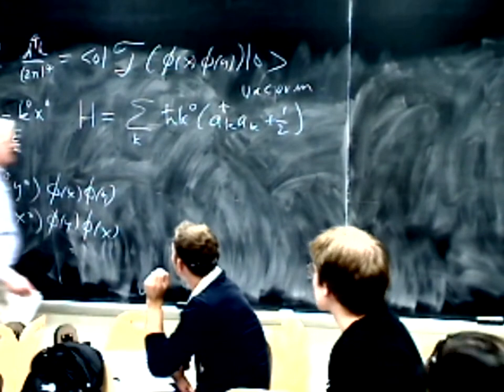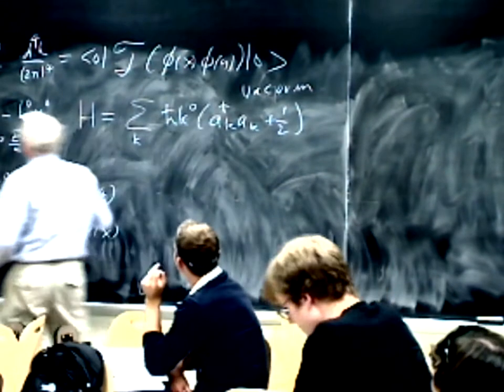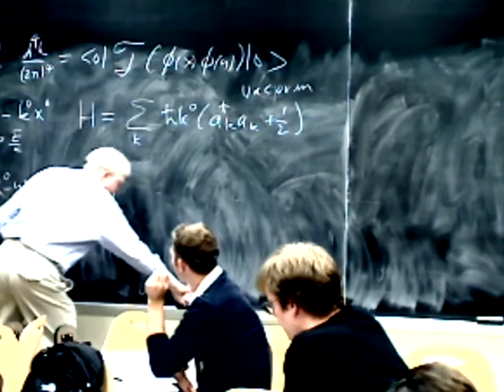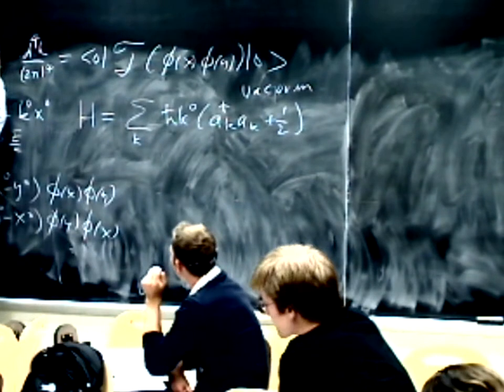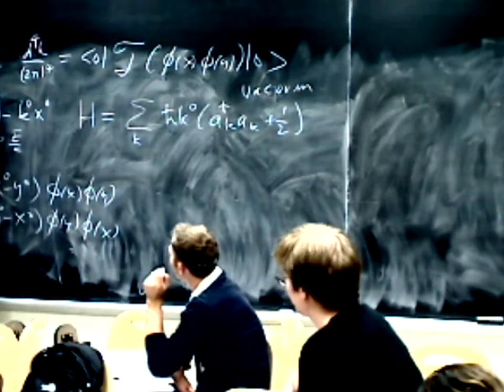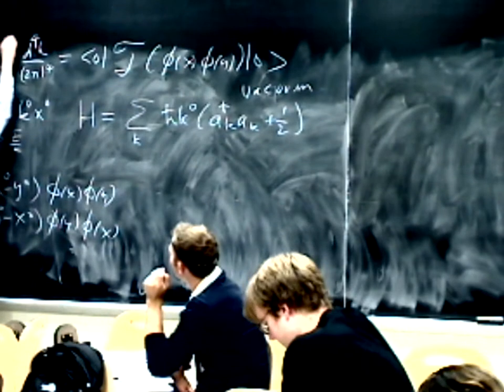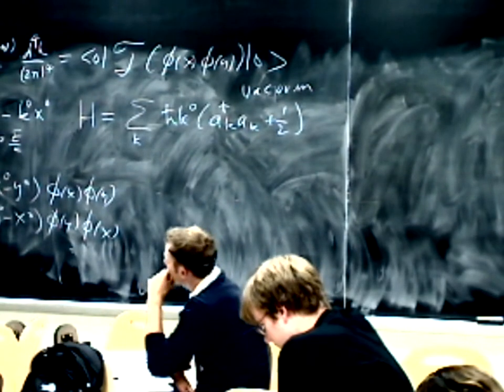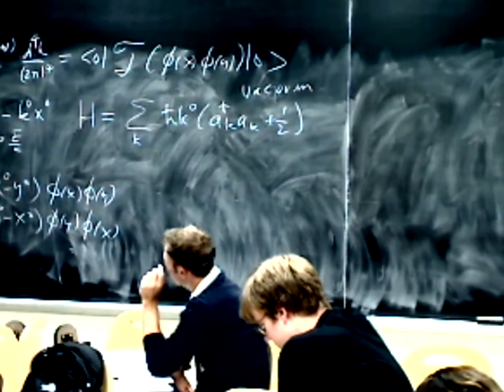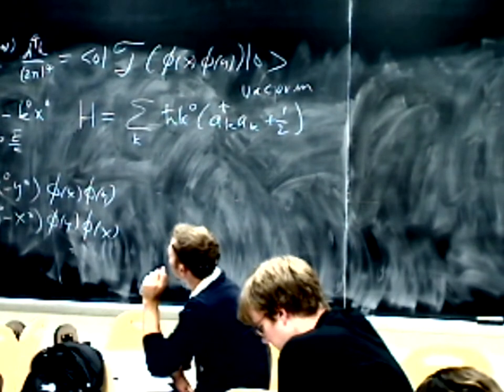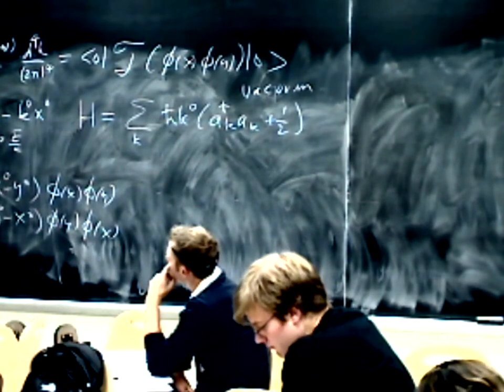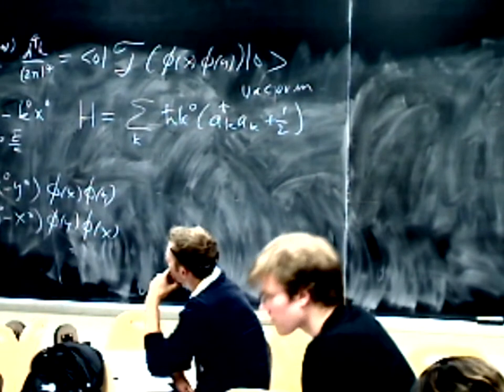This would be for the case y equals 0. The actual case, if we have x and y, this is x minus y. Okay. Is that what you meant? Yeah. All right. Marvelous.